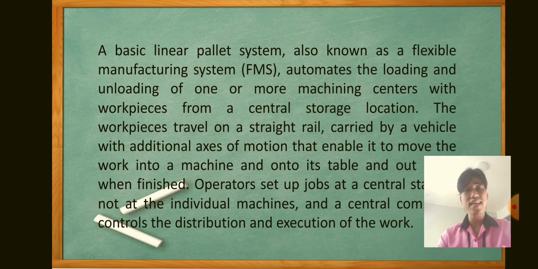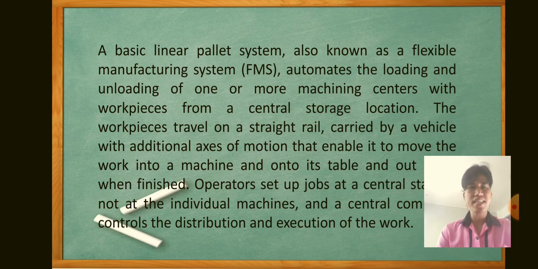A basic linear pallet system, also known as a flexible manufacturing system, or FMS, automates the loading and unloading of one or more machine centers with workpieces from a central storage location.